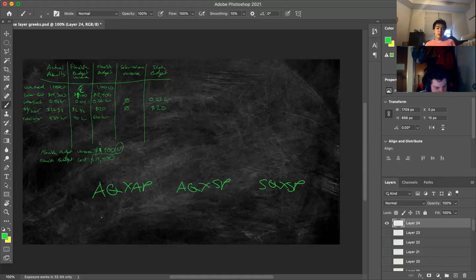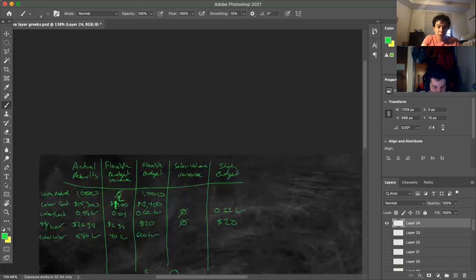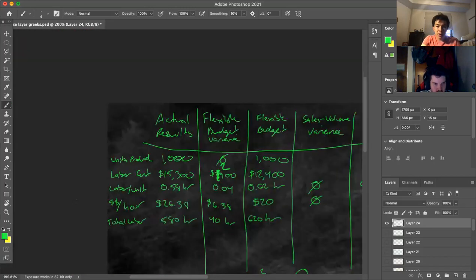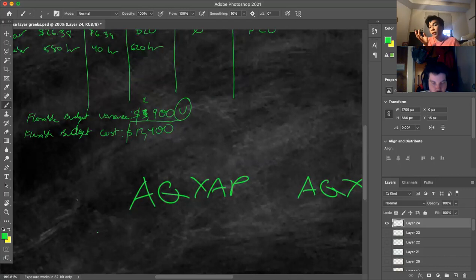So for the AQ, that's quantity, right? So that's gonna be ounces or hours or pounds. So what's the hour? The $26.36 per hour? Are you talking about the actual hours, like the 0.58? Actual quantity, actual hours. The 0.58 hours is the hours per unit, but we want the actual total amount of hours.